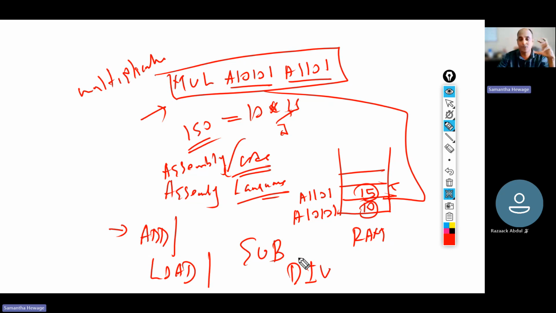These are some terms we use in assembly language. Assembly language is far easier than machine language because it uses some structured English terms. Did you understand what I'm saying?